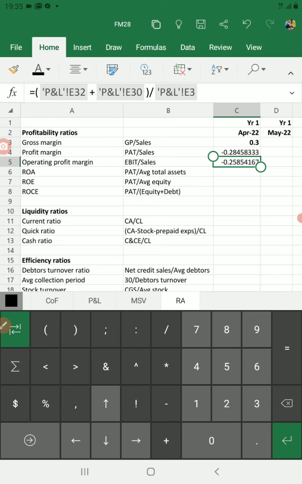That means for each dollar of sales, how much is retained as operating profit. So this is measuring the efficiency of producing profit within the business.